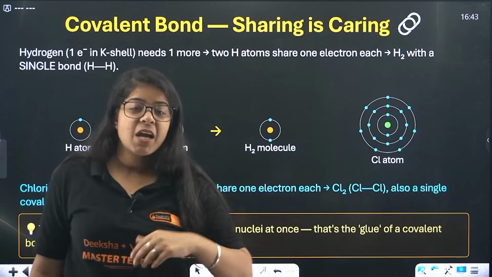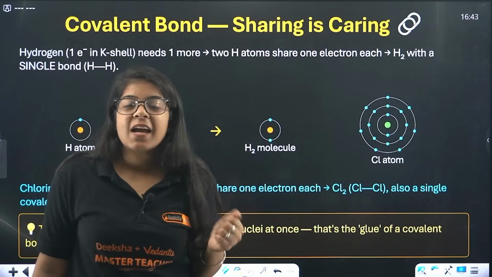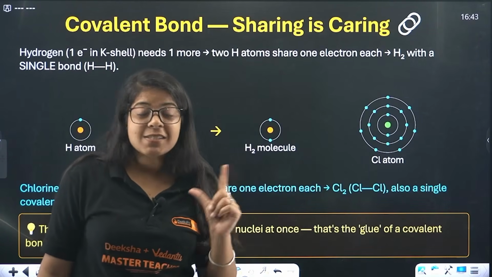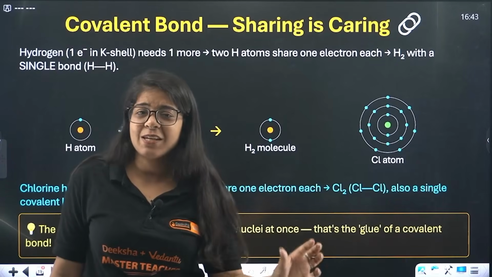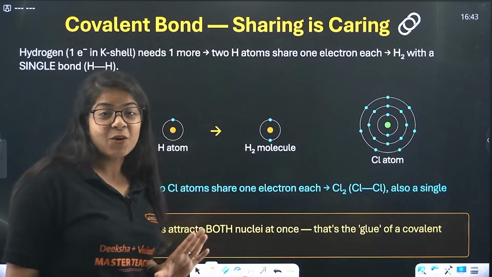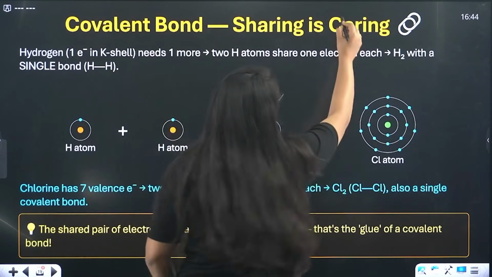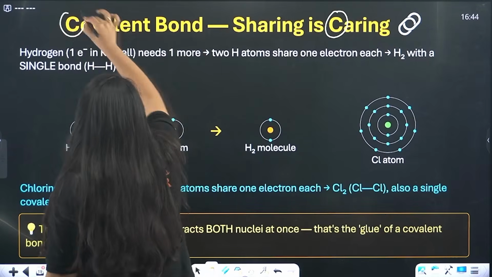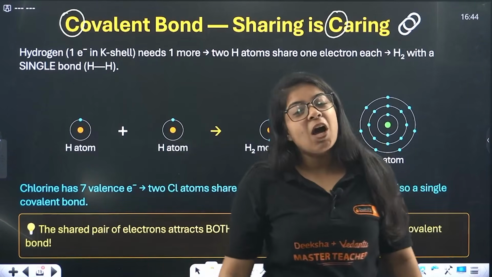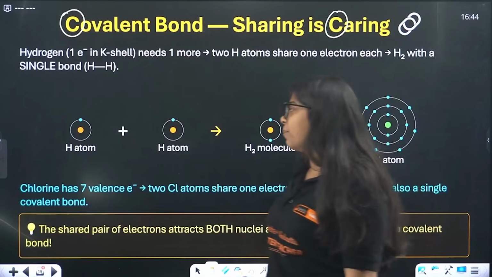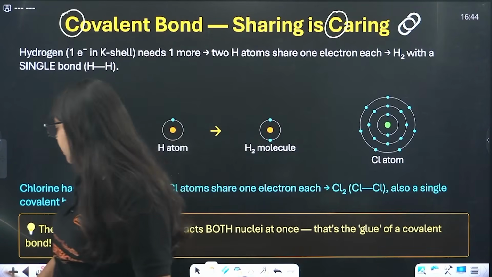What does that mean? Sharing is caring is covalent. C of caring, C of covalent. Done. That's how you will remember. Great. So this C, you will remember this covalent bond. Understood? That's a silly trick.